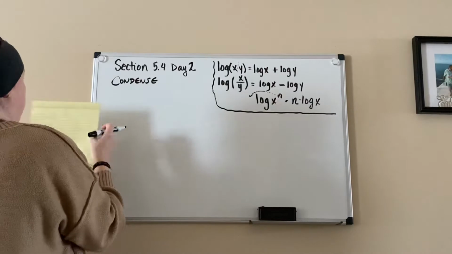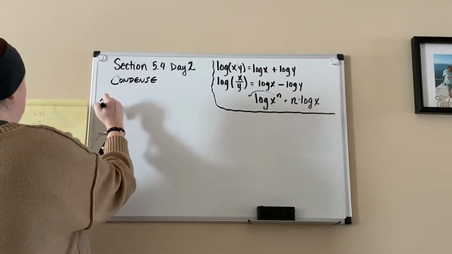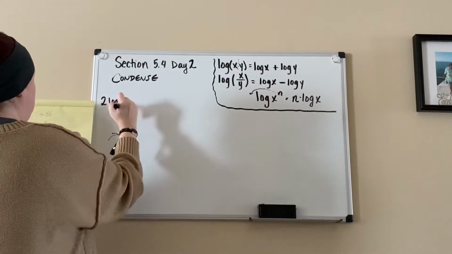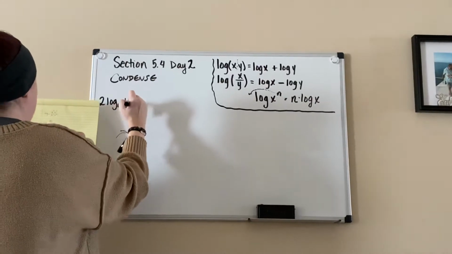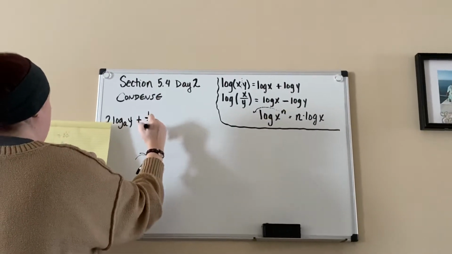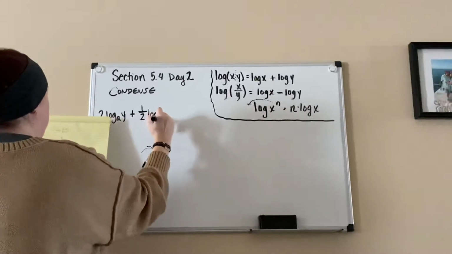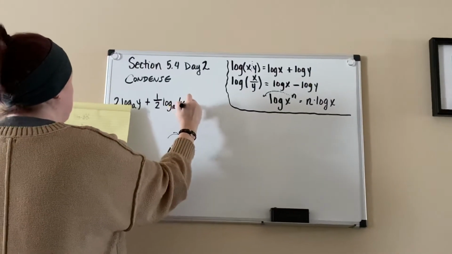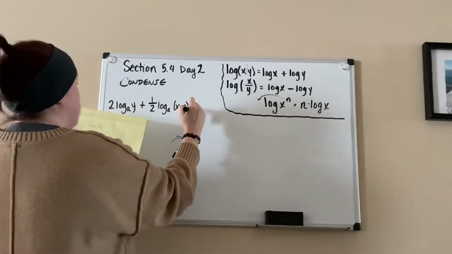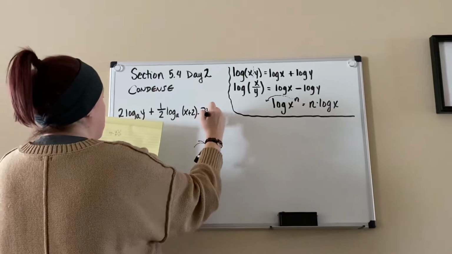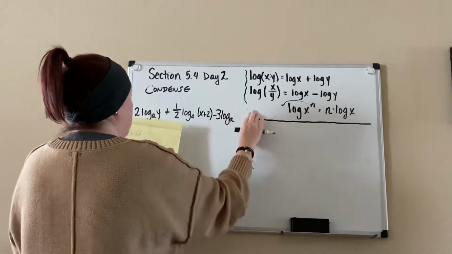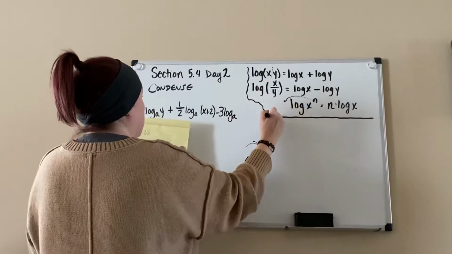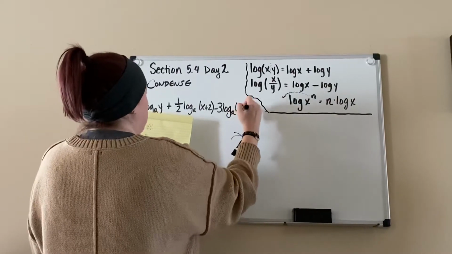So our first one is 2 log base a of y plus 1/2 log base a of x plus 2, and then minus 3 log base a of 2x plus 1.